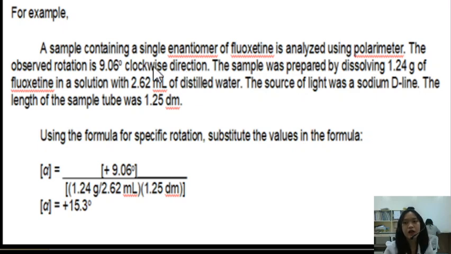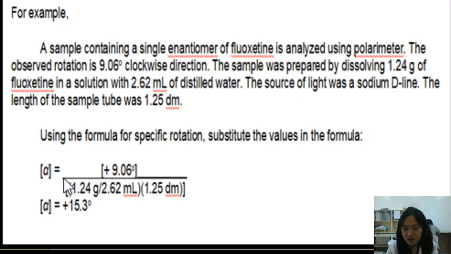So, when you say clockwise, meaning the plane polarized light rotated in a clockwise direction. So, when clockwise, the value is positive. Kapag counterclockwise naman, negative ang value. But dito sa example, since the given value was rotating 9.06 degrees in clockwise direction, then positive. So, you will place here the value positive 9.06 degrees.